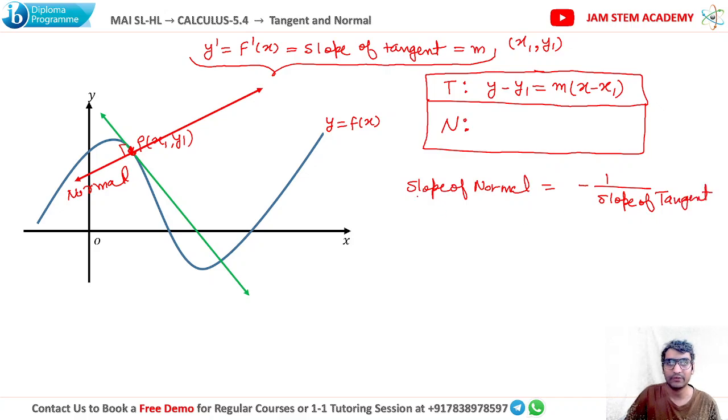If the slope of the tangent line is m, then the slope of the normal line will be -1 over m. So the equation will be y minus y1 equals -1 over m times (x minus x1). In this way we can find the equation of the tangent line or normal line at a given point. They will give you the point in the question itself, and they may ask you to find the slope, which you can easily calculate by finding the gradient at that point.